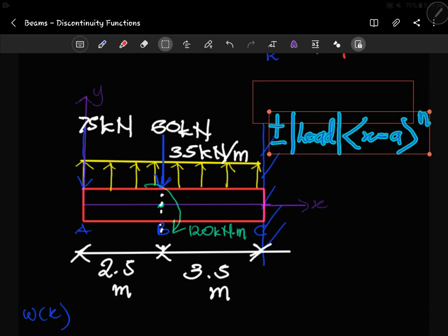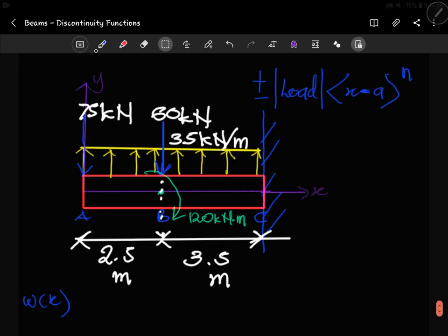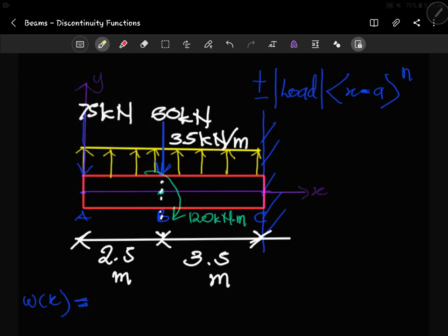We have a w, this is the load function, the discontinuity load function, and then we have a plus or minus here. You can start from anywhere, but let's start from the origin and move this way, and clear everything up to see if we actually get the right function.